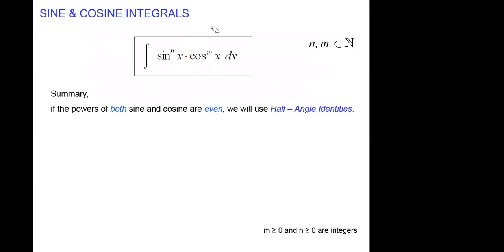So first of all, case one: let's see how we can integrate if both of the exponents n and m are even. Let me point out the word even for you. What we will do, I type for you, we will always use the half-angle identity.